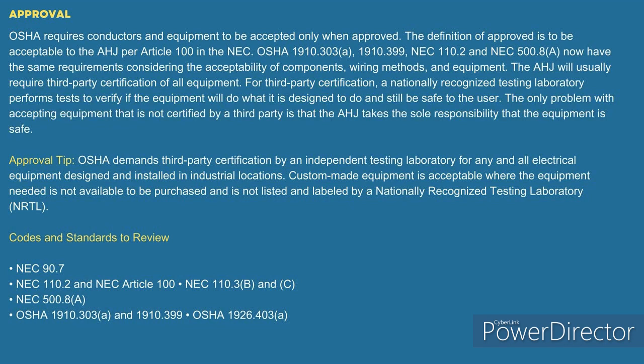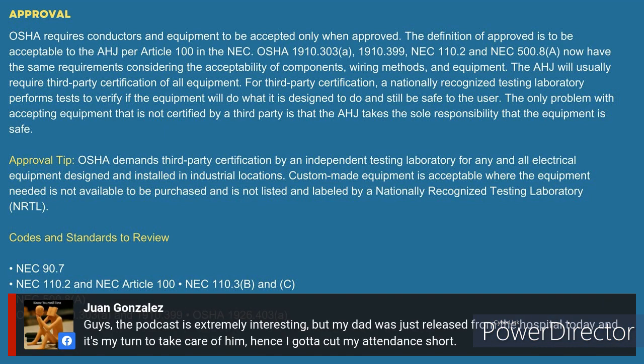A nationally recognized testing laboratory such as UL, ETL, Goodhue, Strauss, any of those. The Canadian standard was CTL or whatever it is. But when you look at this, where do we get into a lot of custom-made equipment? Industrial locations.